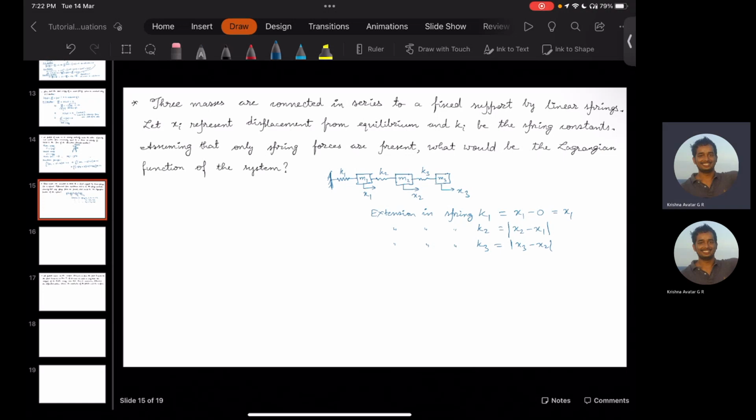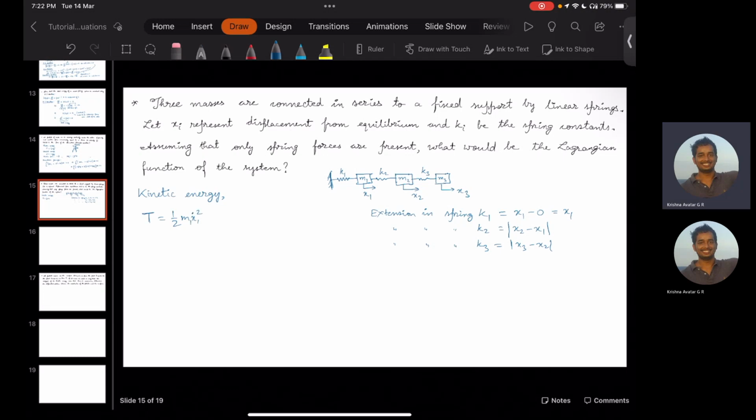Now let's construct the expressions for kinetic and potential energies. The kinetic energy, which is denoted by capital T, will be the sum of the individual kinetic energies of the masses.